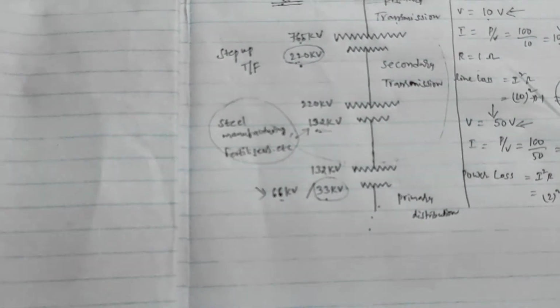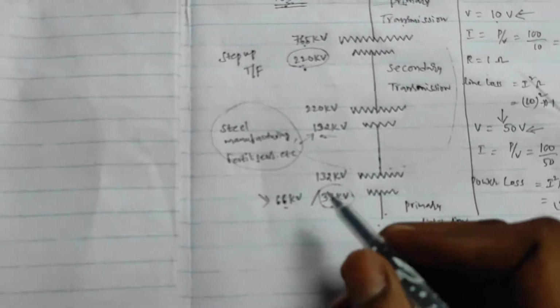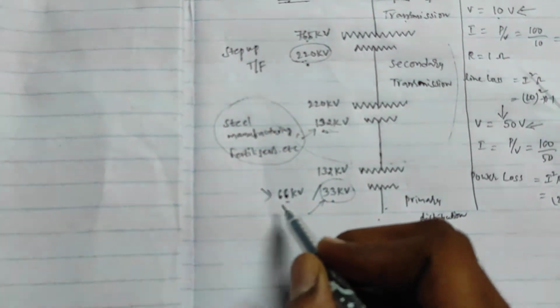All small scale and medium scale industries will take power at this voltage, 33 kV or 66 kV.